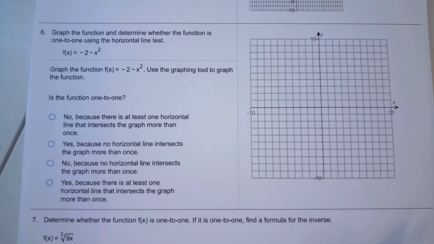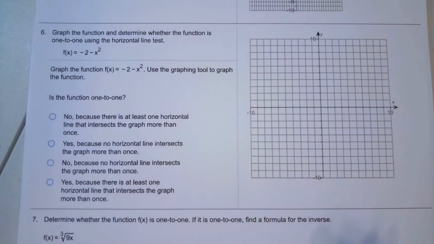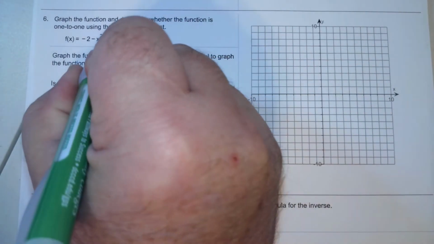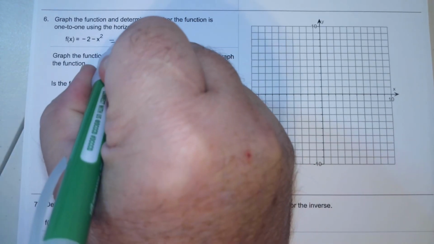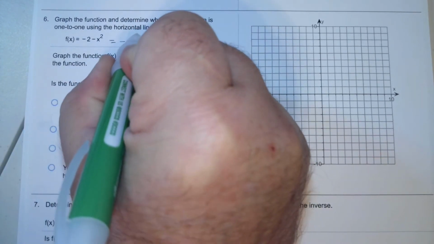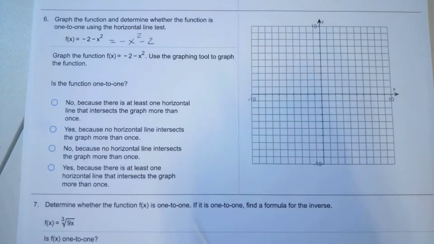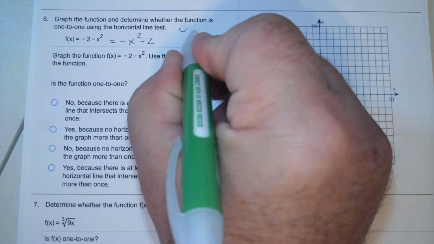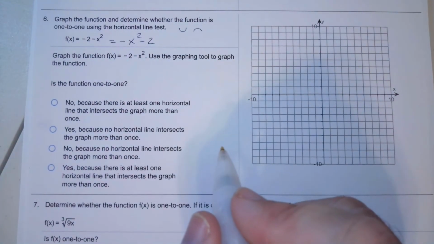The graph of the function and determine whether the function is one-to-one using the horizontal line test. Okay, let's rewrite this equation. So decreasing, so it's negative x squared minus 2. We see it's quadratic, so we know the graph is going to be like this or like this.